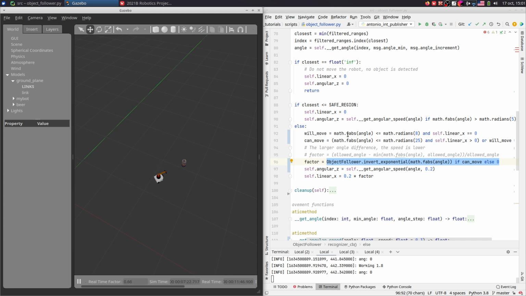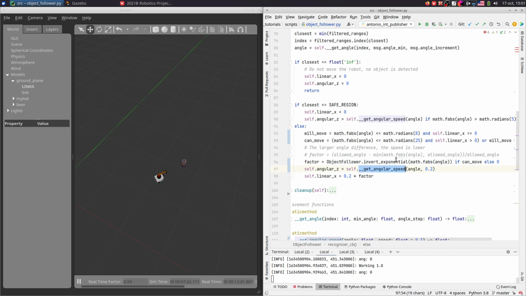If we allow this scenario, instead of approaching, the robot will move far away from that object. That's the reason.